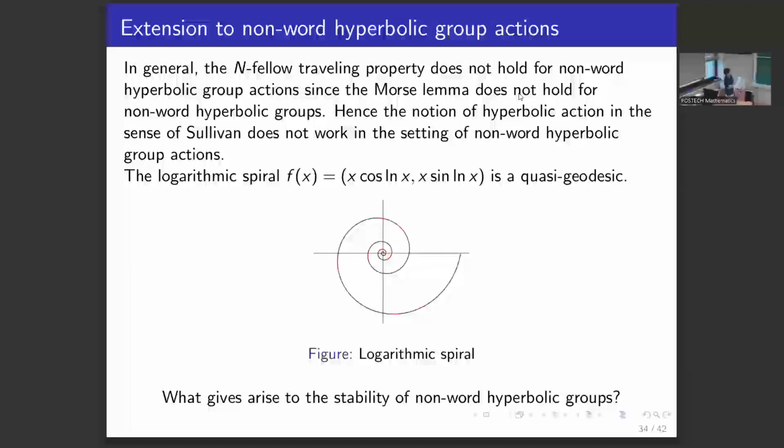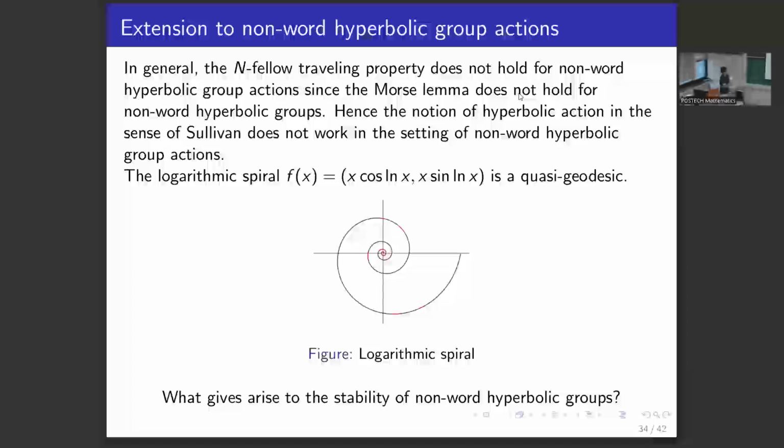Okay, so what is the problem? Extending this idea to non-word hyperbolic group actions. This picture gives one simple reason why non-word hyperbolic group action is so difficult to deal with.